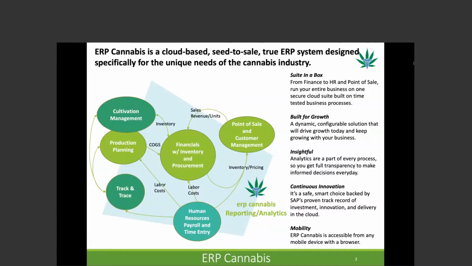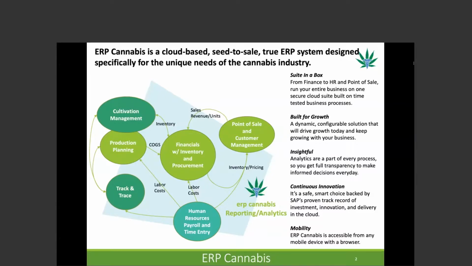And it is available, of course, in a mobile environment or platform so that you are able to utilize the functionality either at your desk or out in the field, out on the floor, whatever the case might be, so that you always have access to the information, either to get information out of ERP cannabis or provide information to ERP cannabis.